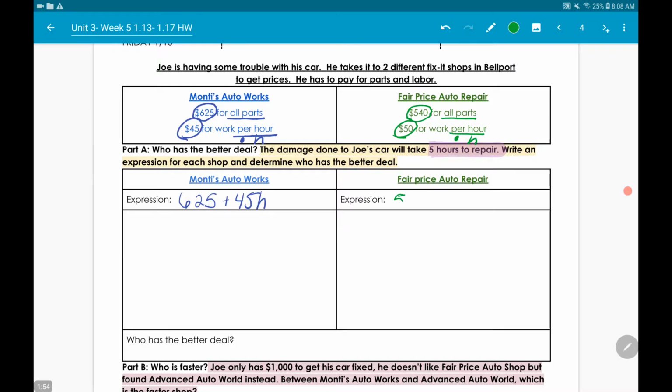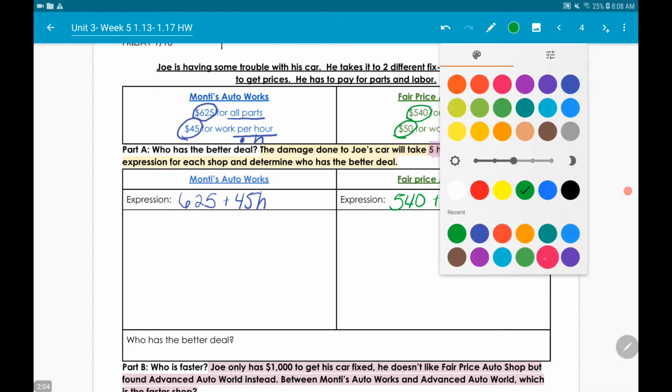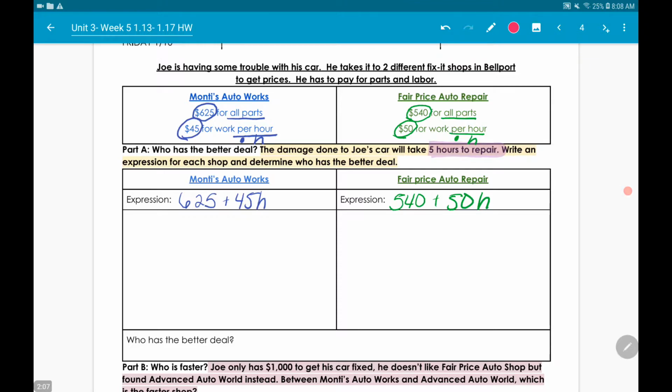So same thing here, $5.40 plus 50H, and again no equal sign because they didn't give us a total. But reading the question, we want to know who has the better deal. We'll get to that later, but we know that 5 hours to repair, so we know that 5 equals H. And let's take that information and put it into our expression to see who has the better deal.